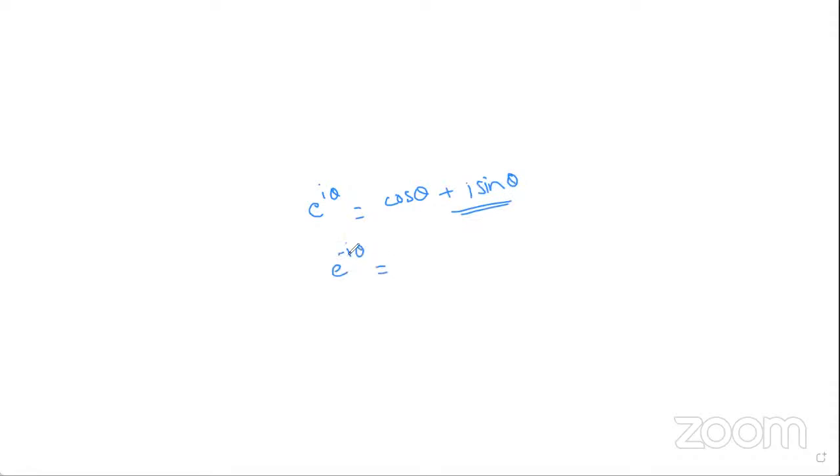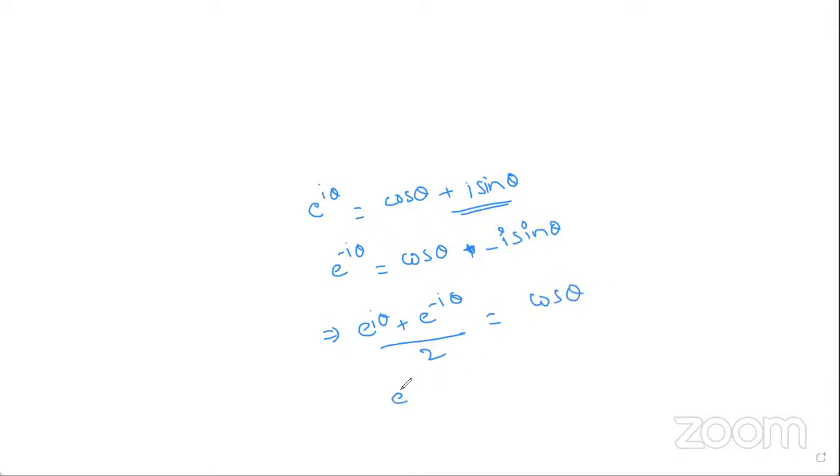Which means that e power minus i theta is going to be equal to cos theta, because cos of minus theta is cos theta again, minus, it's not going to be plus now, it's going to be minus i sin theta. So if you look at e power i theta plus e power minus i theta divided by 2, these two are going to get cancelled, 2 cos theta divided by 2, which is going to be equal to cos theta.